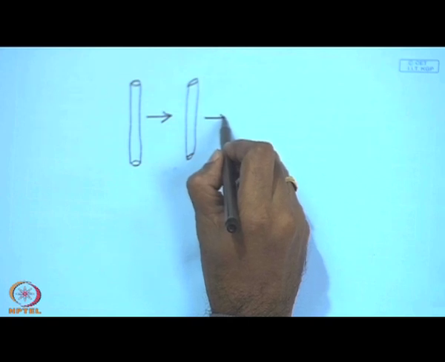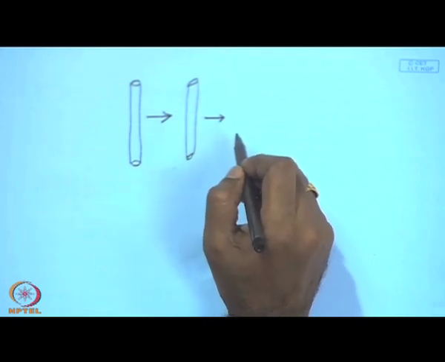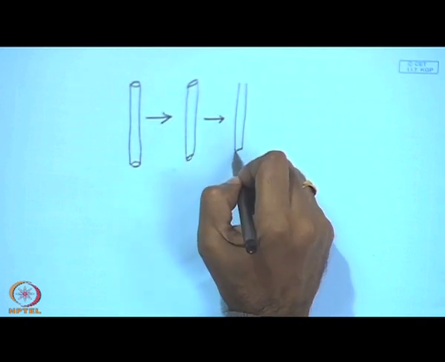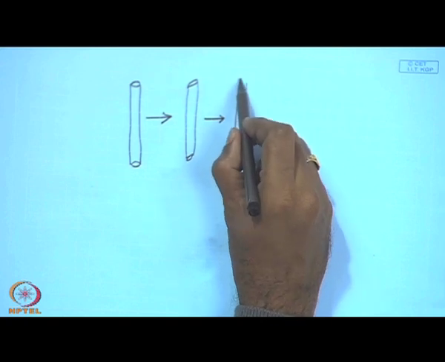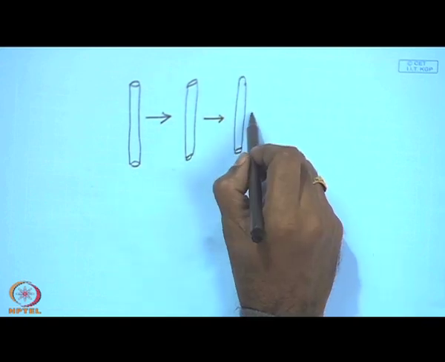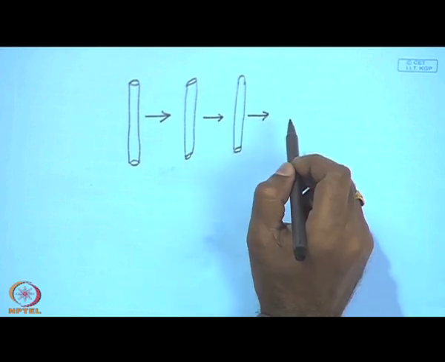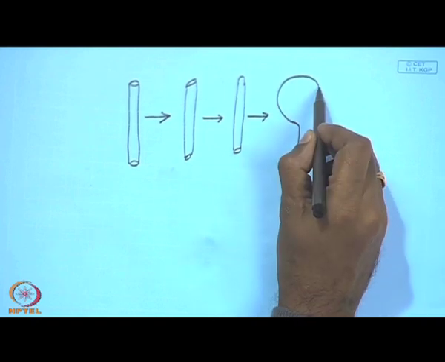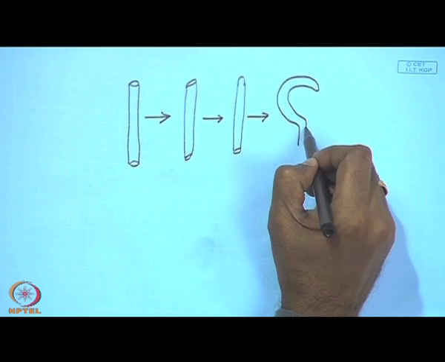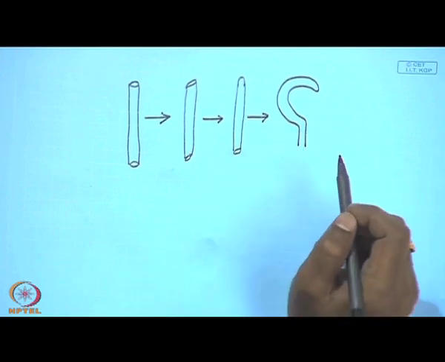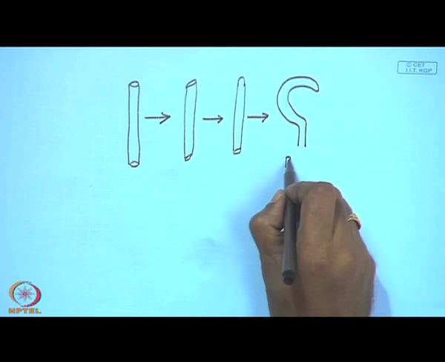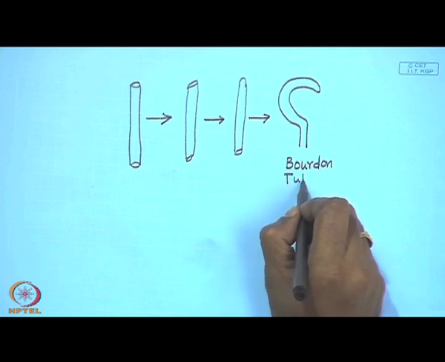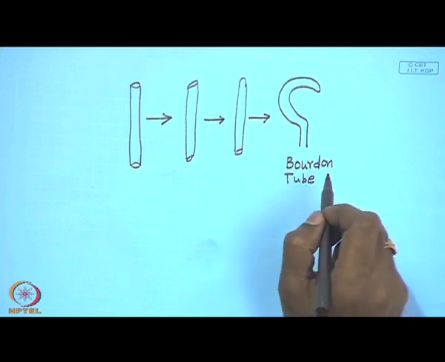And then seal one end of the tube and finally bend the tube in the form of a C. This is called a Bourdon tube, named after its inventor.